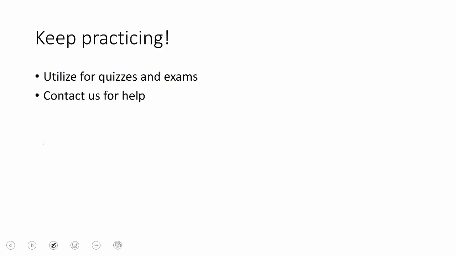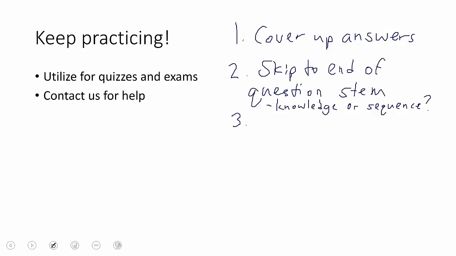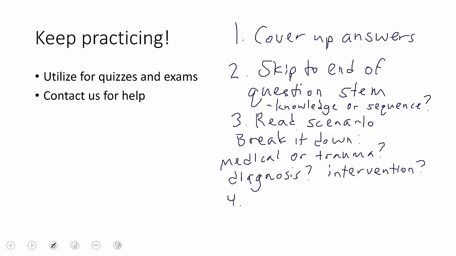And to recap, what are the steps of taking a multiple choice exam? Well, number one, you're going to cover up the answers. Number two, you're going to skip to the end of the question stem and figure out what type of question it is. Then with that information in mind, we're going to read the rest of the scenario, take pertinent notes, and try to figure out what's going on with the patient.